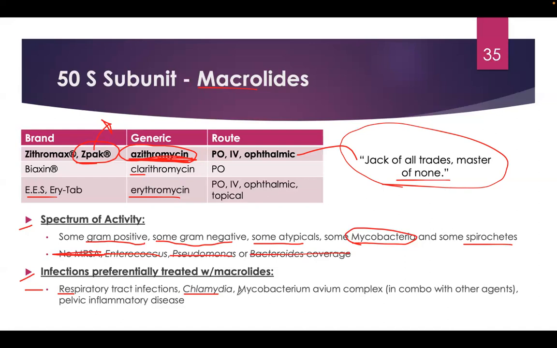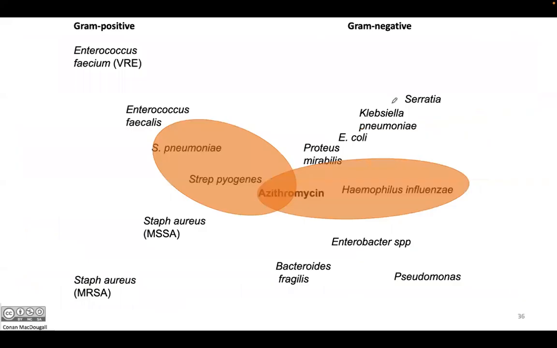But chlamydia, and your MAC, your Mycobacterium avium complex, that's given with other agents. And then in some cases, pelvic inflammatory disease. I know they do give it to pregnant women sometimes for group B strep, Streptococcus agalactiae, but they also give other drugs with that as well. It's not just Zithromax doing that.